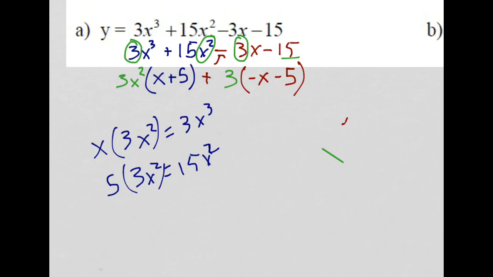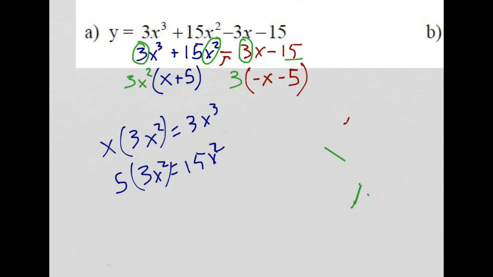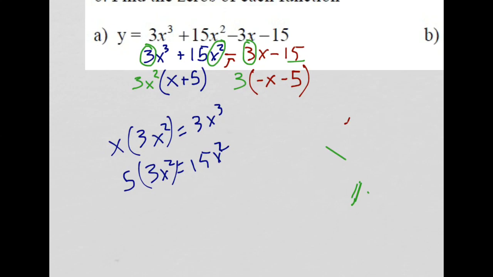So let's try this. Instead of pulling out a positive 3, let's pull out a negative 3. If I do that, that's going to make a positive x, and that's going to make a positive x plus 5.